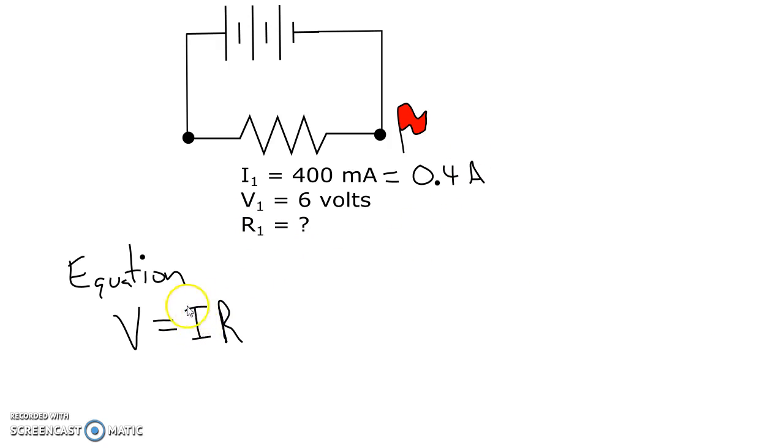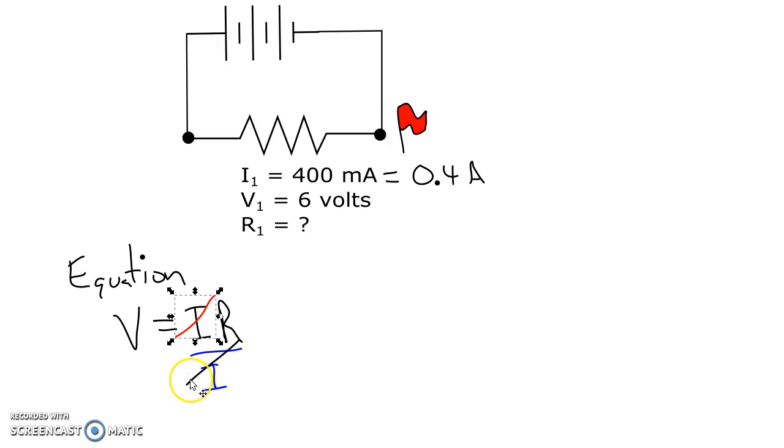Notice over here I have I, current, times resistance. In order to undo multiplying by I, I want to divide by the I. This is going to allow me to cancel out the I on this side.